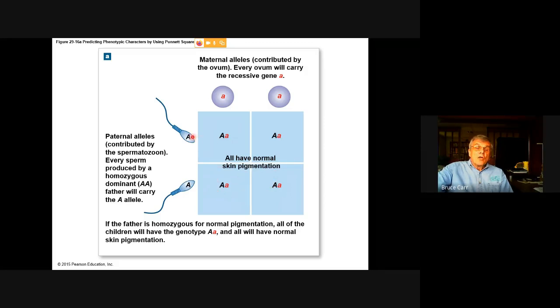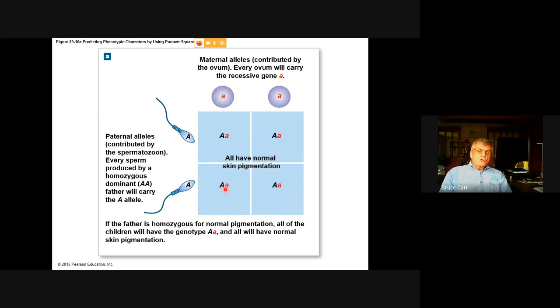This is an example where father has normal skin pigmentation, no matter the race or location, and mother is an albino. So what happens when they reproduce? The only possible genotype in their children would be big A, little a, and all would show normal skin because the big A allele in this case is dominant.